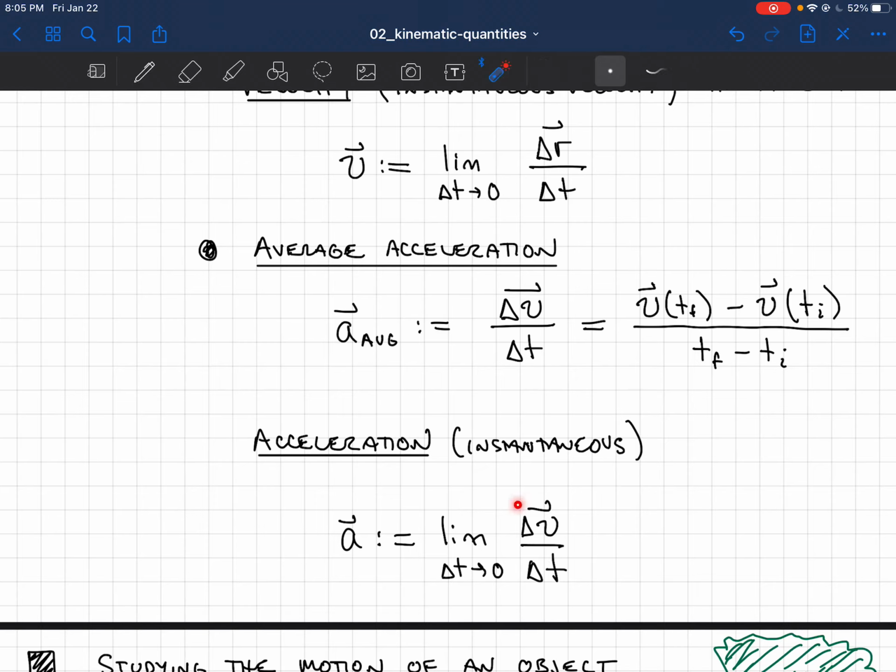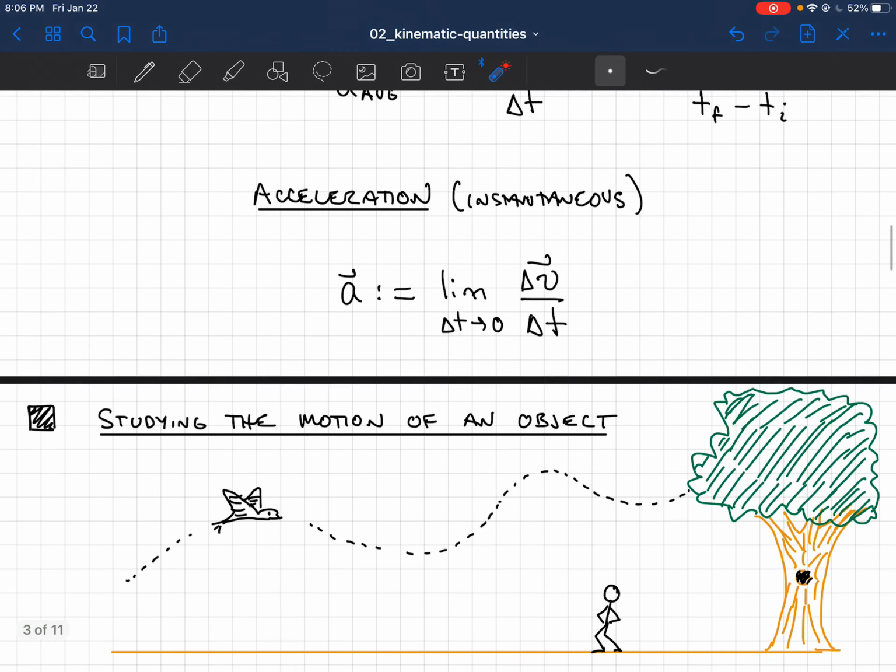This looks like some sort of technical mathematical language, and it is. This is from calculus, and it's actually called the derivative of the velocity function. You don't have to know about that, and you don't have to know really what this technical mathematical language means, except that you're going to see that it's very clear when you look at it graphically what it means. And you'll see that in the next section.